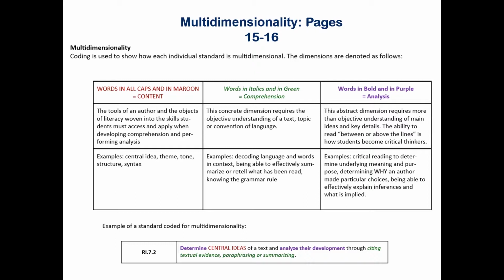Okay? Then, if you can comprehend that grammar rule, that gives you the ability to move toward analysis. That's where you're able to look at it and say, in Martin Luther King Jr.'s I Have a Dream, why did he repeat this complex sentence structure multiple times in paragraph 6? Right? Why did he do that?